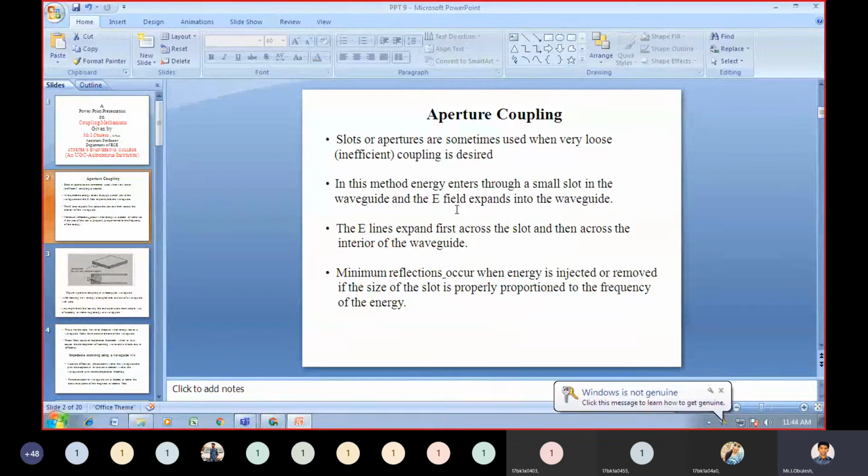So when the energy enters through a small slot in the waveguide, the electric field expands into the waveguide.